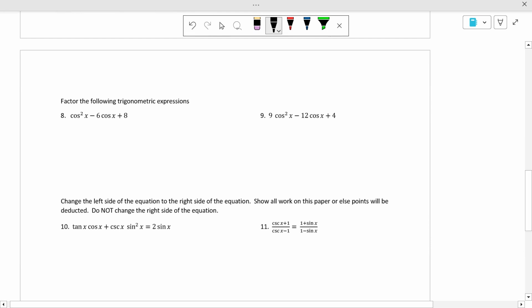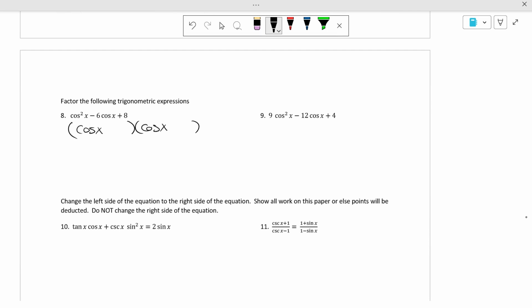Continuing factoring. When there is no first term coefficient, you just factor. Cosine of x, cosine of x. Signs are the same because it's positive. They're both negative, because two negatives times each other add to be a negative, multiply to be a positive.